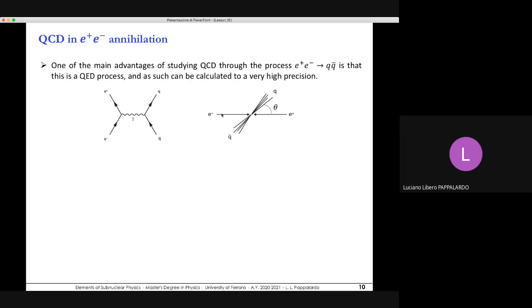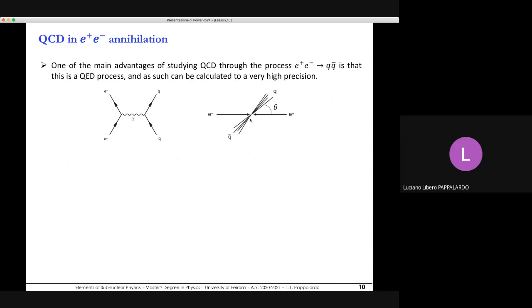And what are now the advantages of using QED to study QCD? The advantage is that in the initial state, we have essentially 2 leptons, so 2 point-like particles. And when they annihilate, they just disappear. There is nothing left, just a photon, which at the end produces the quark-antiquark pair. So you don't have remnants of the initial state, which can, for instance, also hadronize.